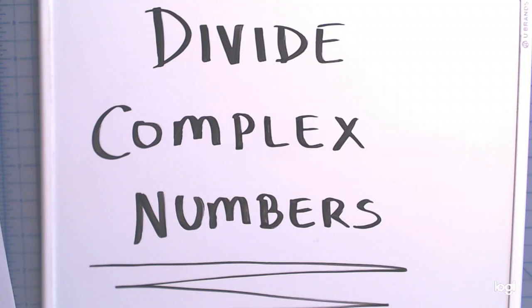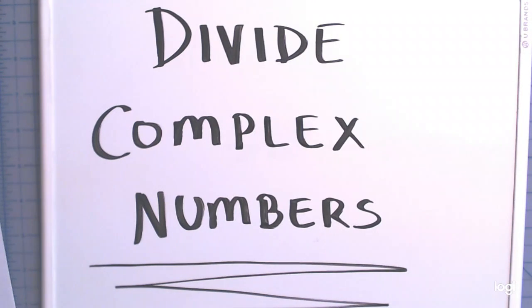And I just put out a video on complex conjugates if you want to look for that. What you're going to see here is very, very similar also to rationalizing a denominator.